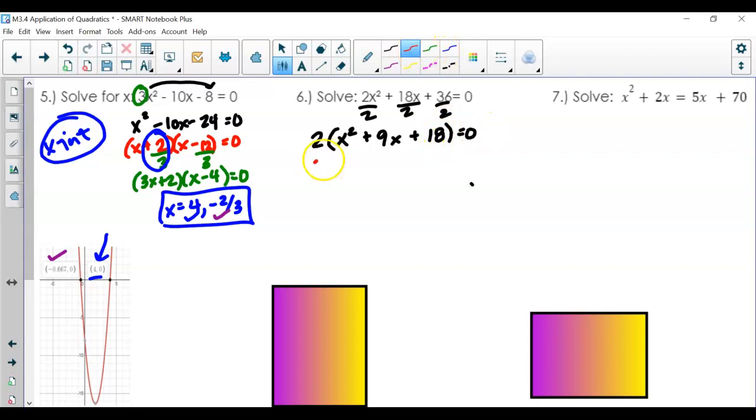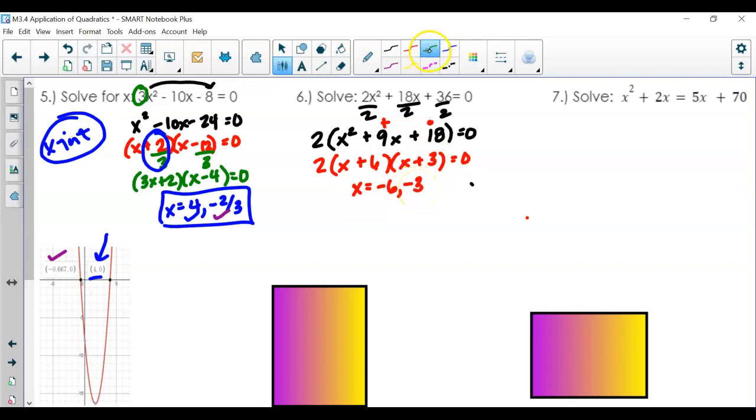Now we can start our factoring. Keep the 2, right? What numbers multiply to get 18? Now notice we do have 2 positives, so our signs are going to be 2 positives. So multiply to get 18 and add to get 9. 6 and 3. So this means x is equal to negative 6 and negative 3, right?